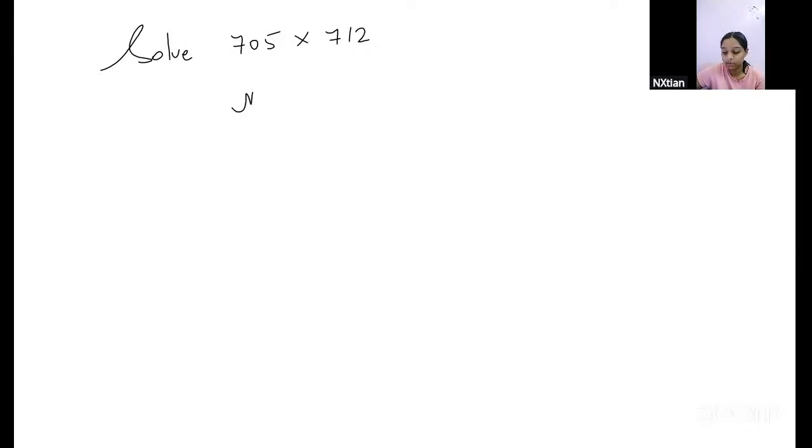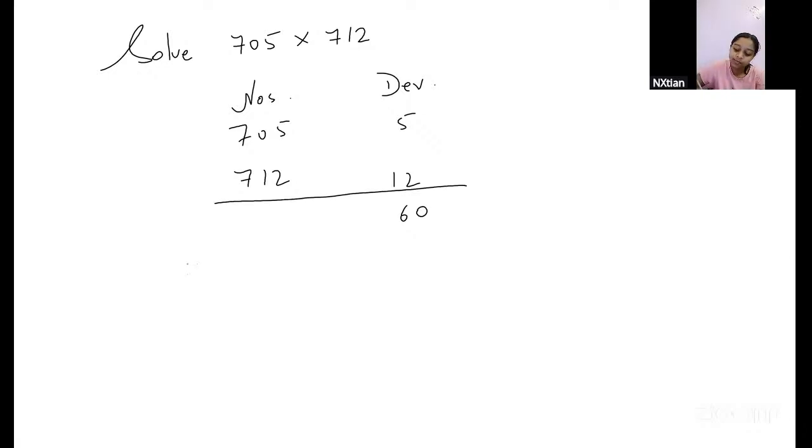Let's try it. We have the numbers and deviation: 705 and 712. 5 and 12 are the deviations. Multiply. How much? 60. Okay, so I have the right side of the answer. Then add.